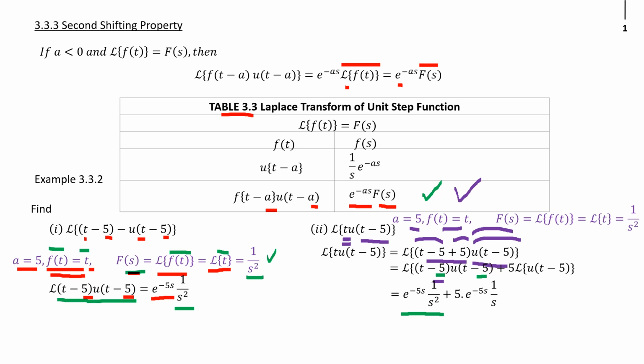Second one, the 5 here: Laplace of u(t minus 5), we refer to the second property, u(t minus a). Here a is 5, equals 1 over s times e to the negative 5s.